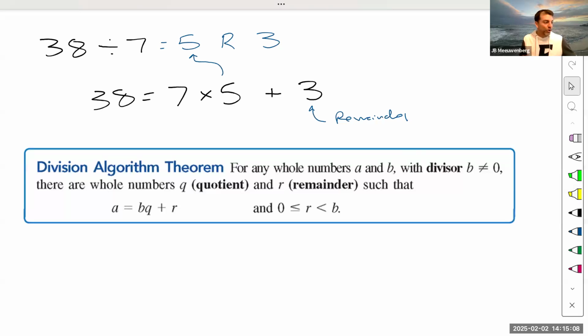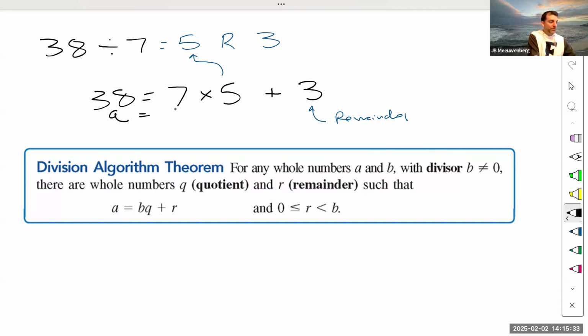It says that for any whole numbers a and b with divisor b not equal to 0, that's saying that you can't divide by 0, there are whole numbers q and r, quotient and remainder, such that a is equal to b times q plus r.